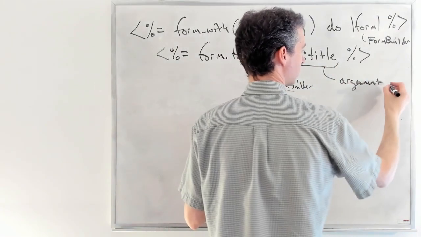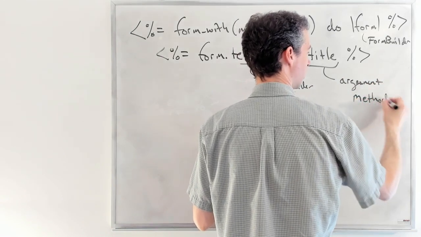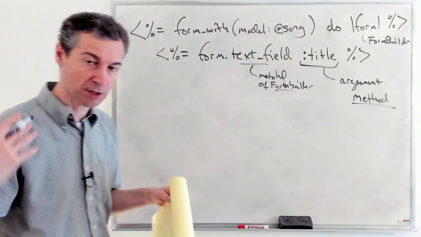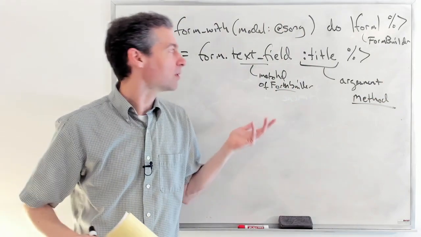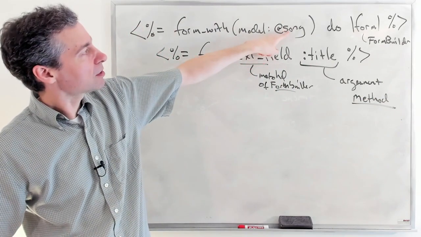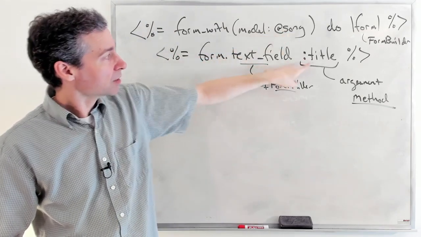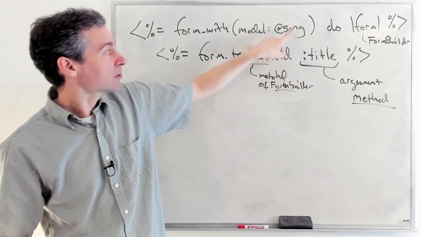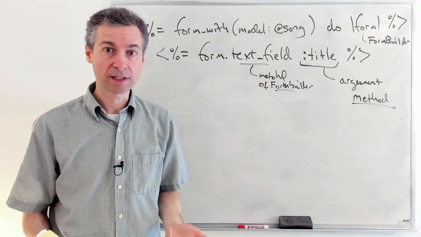And the argument is what's called the method. So it's the first parameter. The first parameter is the method. And it's like, well, what do you mean by method? What they mean by this is that on this model object, they expect that if you supply title here, song.title is a method that exists.